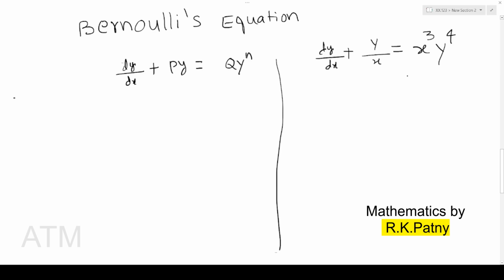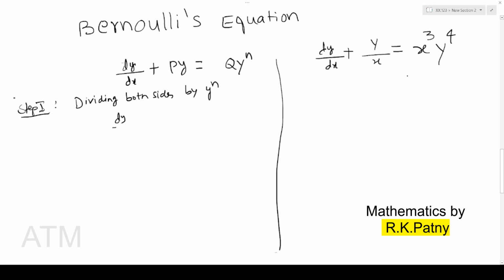Here is the RHS, y raised to n is there. Don't see the q value, see y raised to n. So step 1, dividing both sides by y raised to n.